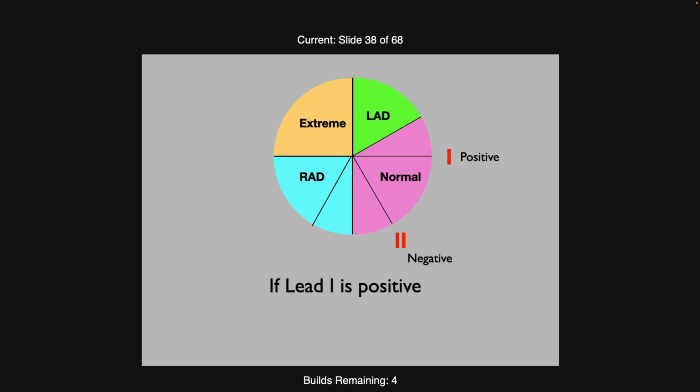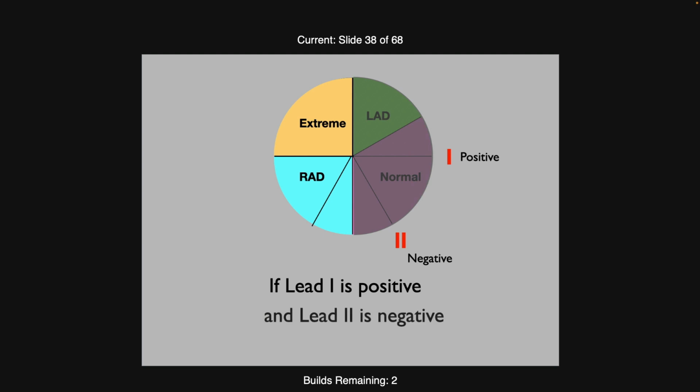If lead 1 is positive, we know the axis has to be somewhere here. Now we're going to overlay the next half circle. If lead 2 is negative, it's going to be here. So one of them is here, and one of them... LAD. Okay, good. Left axis deviation. So right axis deviation, RAD, left axis deviation, LAD. Yeah, that's exactly right. Okay.